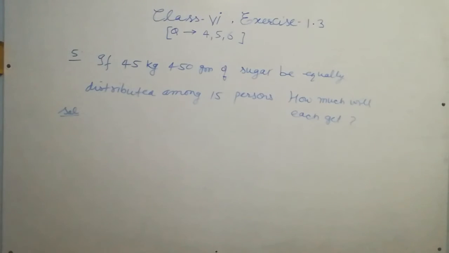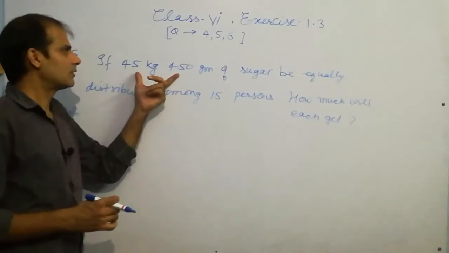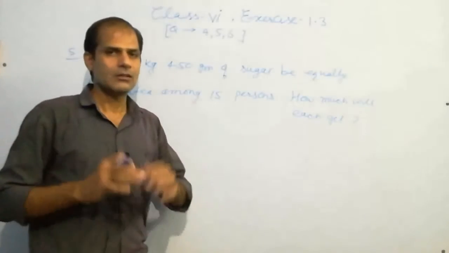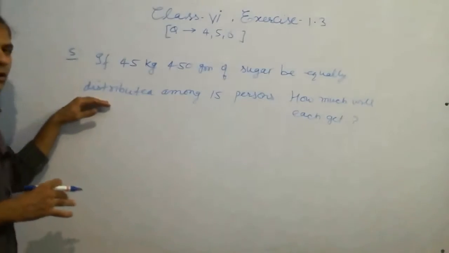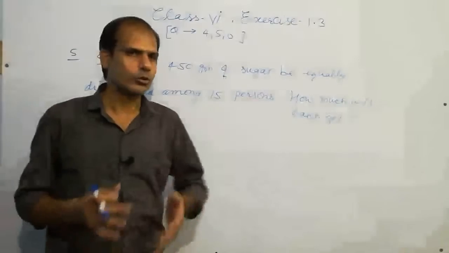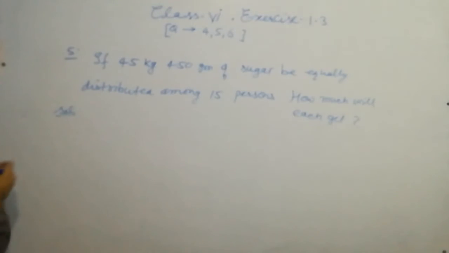Solution. So the values are 45 kg and 450 gram, and there are 15 persons. What is the meaning of this question? This is the total quantity and you want to divide this among 15 persons. Distribute means you are dividing something. So this is the case of division. Then how much will each get?